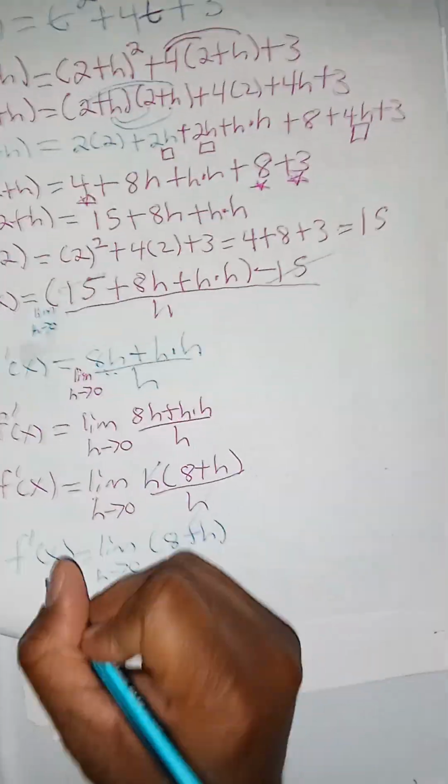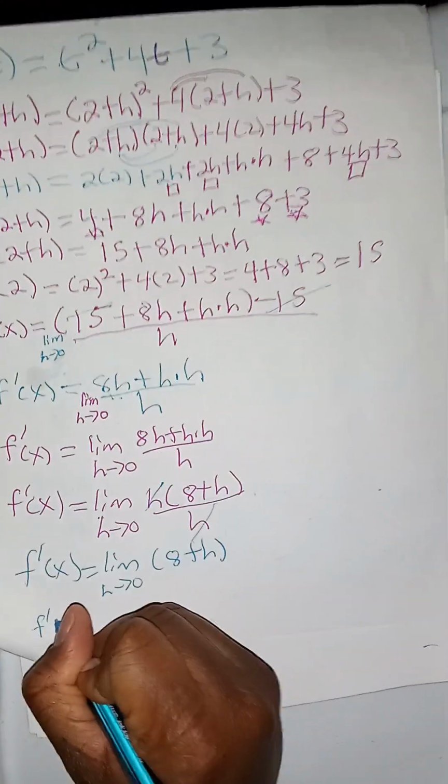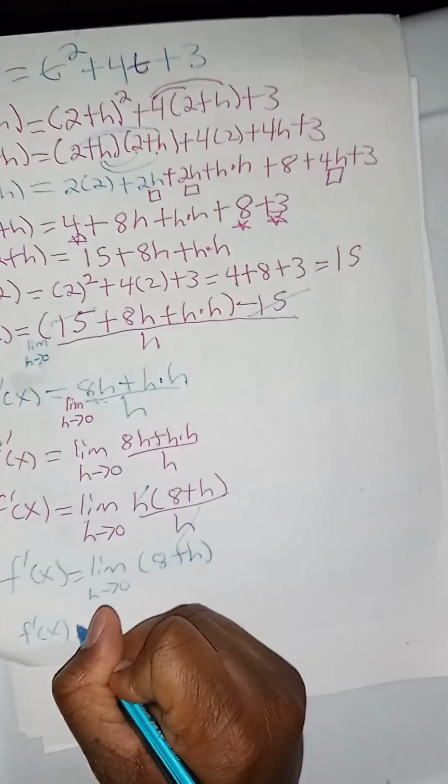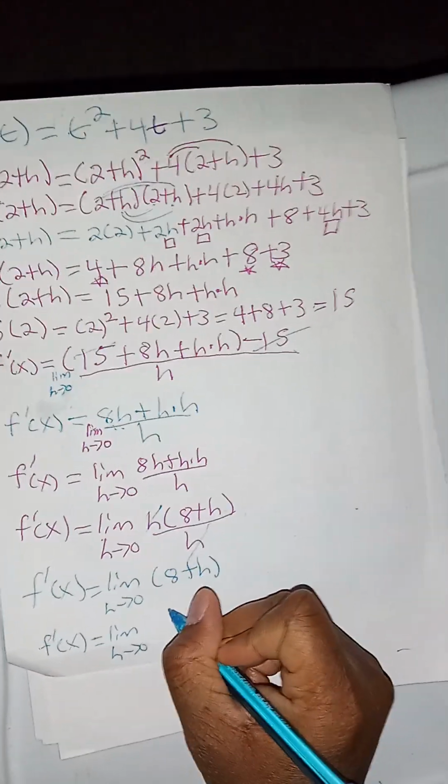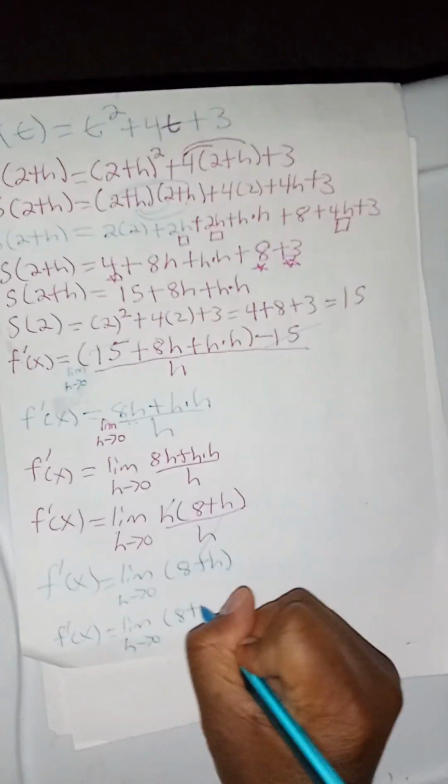So now f prime of x will equal the limit as h goes to 0 of 8 plus 0, which equals 8. So we found the instantaneous velocity.